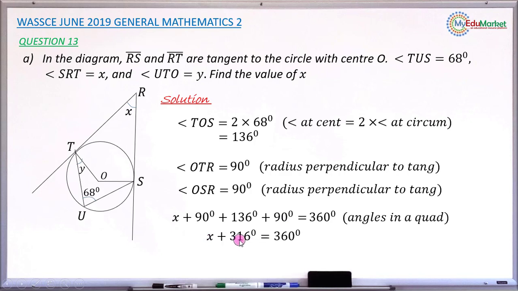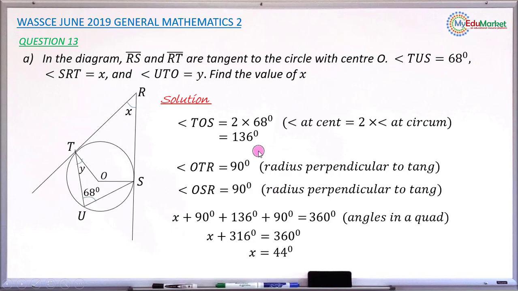So you have X plus 316 equals 360. Taking 316 to the right hand side becomes minus, so you now have X as 44 degrees after subtracting 316 from 360. So this is the size of angle X, or the value of X. With this, I have answered this question.